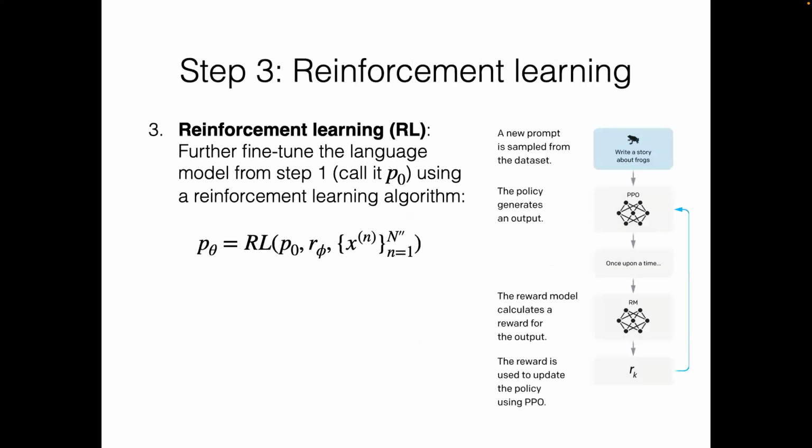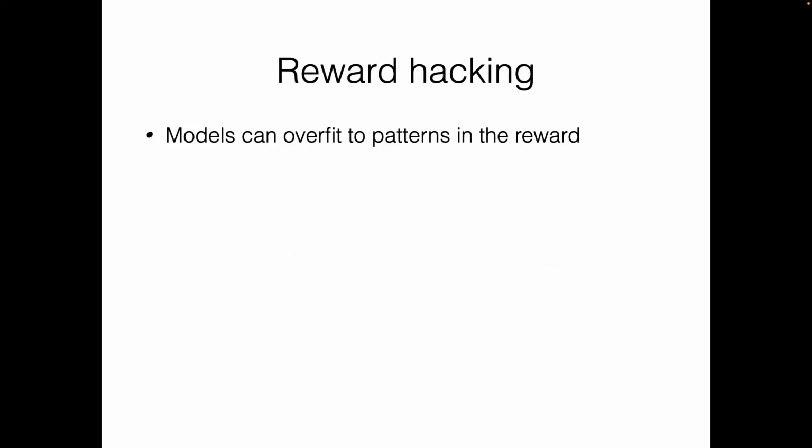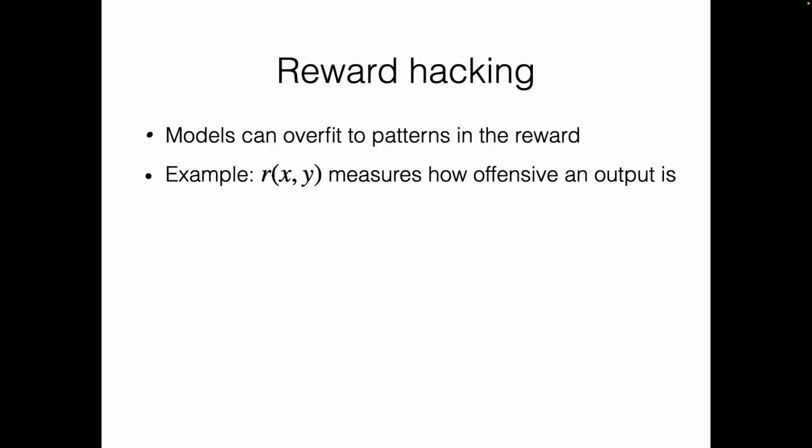And now given this reward function, you can do the reinforcement learning. I think we're getting low on time, so I have to go through this a bit quickly. But here what's going to happen is that since the reward is a learned model, it's going to be susceptible to reward hacking.